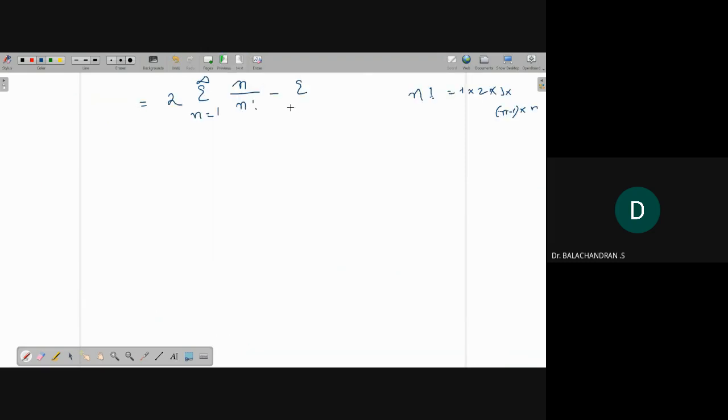So minus the summation n equal to 1 to infinity 1 by n factorial. So this is equal to twice summation n equal to 1 to infinity 1 by n minus 1 factorial, if I cancel n and n, minus summation n equal to 1 to infinity 1 by n factorial.